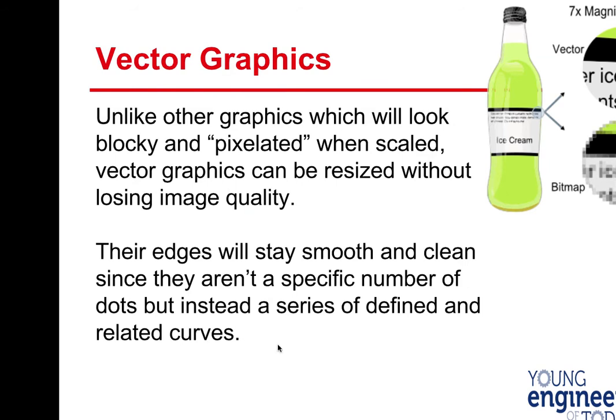Consider this graphic: if it's a vector graphic, you'd be able to zoom in on this text and read it perfectly. You could make the graphic bigger and still read the text. If you tried that with a bitmap graphic, it would look pixelated when you zoomed in, and you wouldn't be able to read the label.